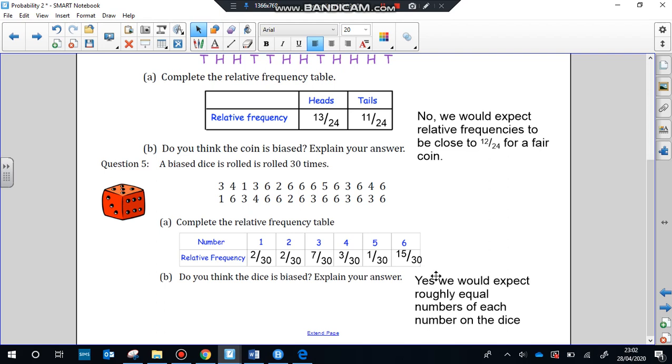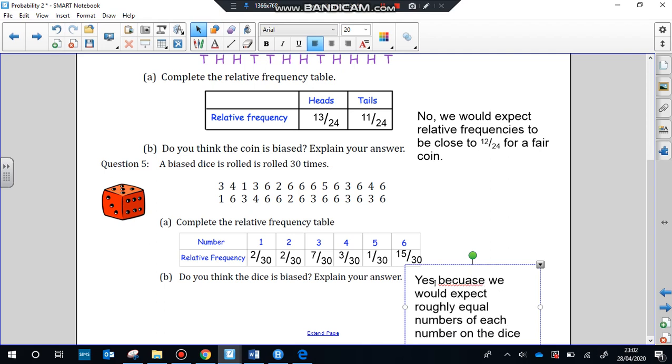Yes, because we would expect roughly equal numbers of each number on the dice, and we've got a lot more sixes and very low numbers for 5. So get that marked, and hopefully you've understood what relative frequency is about and how we can test for bias and non-bias.